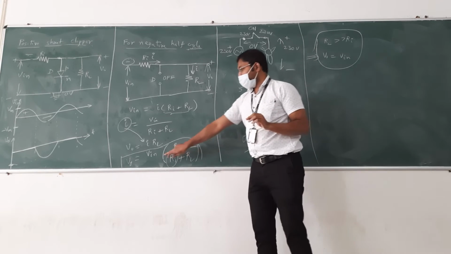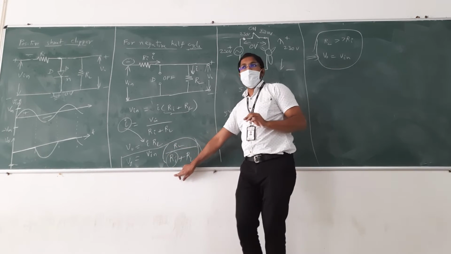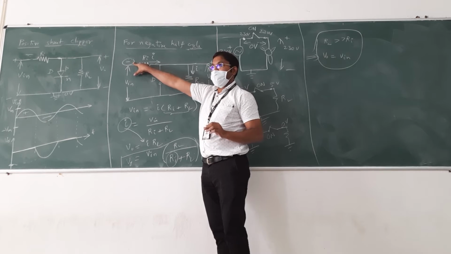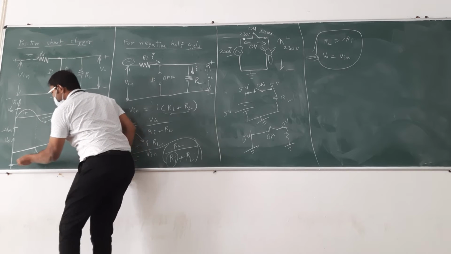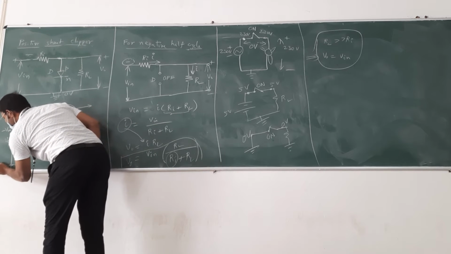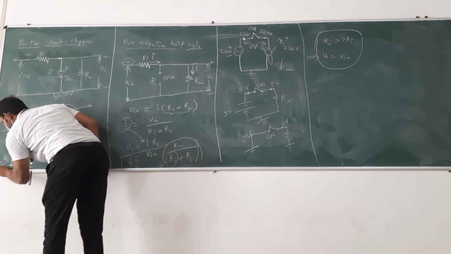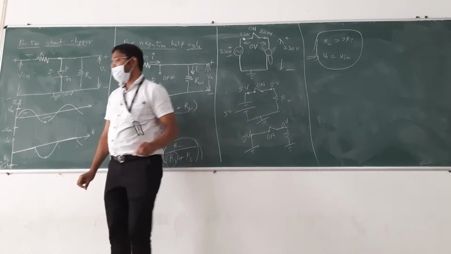For this case, what will that be? We will have minus Vm here. Okay? Input is minus Vm. So this will be minus Vm into R_L by (R_i plus R_L).